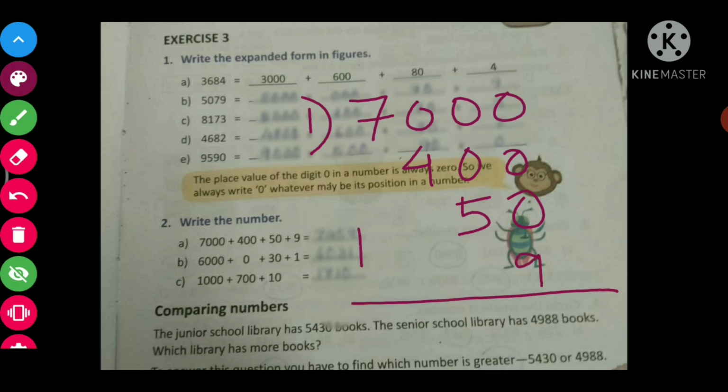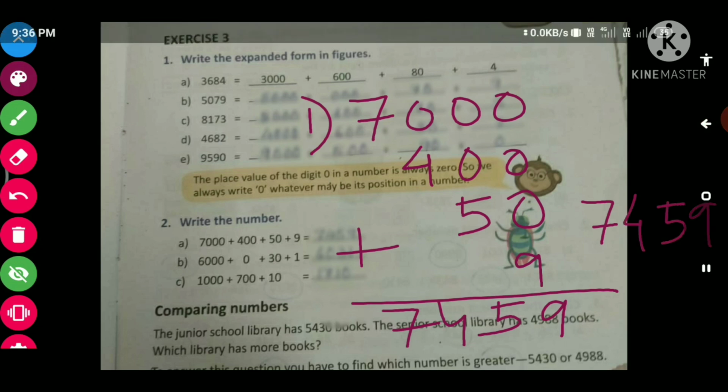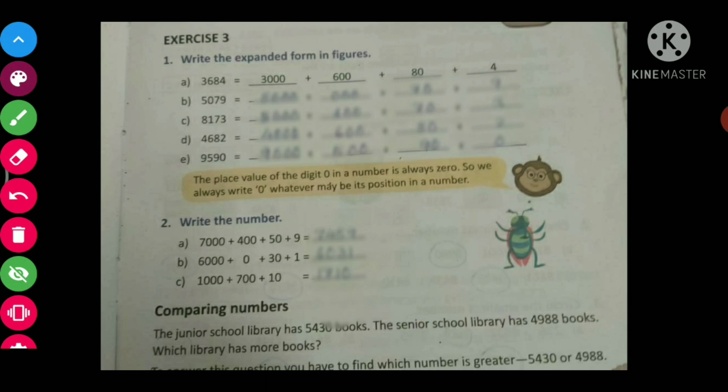Now we'll add this one. So we'll get 7459. So our number will be 7459. This is the first method to find any number which is in expanded form.